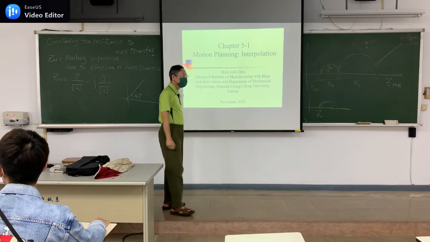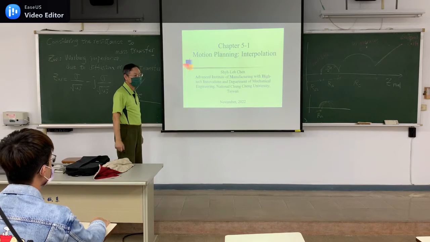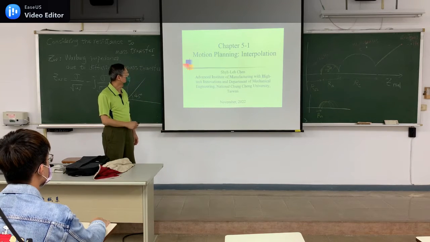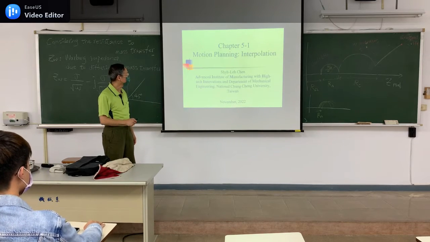So today we will talk about motion planning. There are 3 parts for motion planning. The first part we will talk about the general integration, the idea, the concept of general integration.